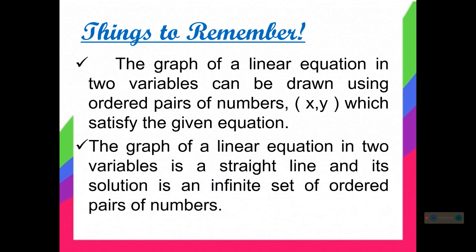The graph of a linear equation in two variables is a straight line. Again, straight line. And its solution is an infinite set of ordered pairs of numbers. So, we are going to use your knowledge on how you are going to solve equations algebraically.